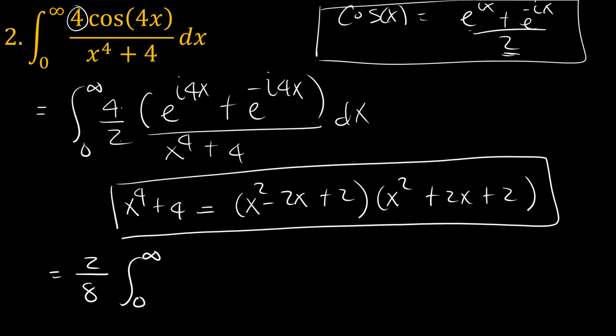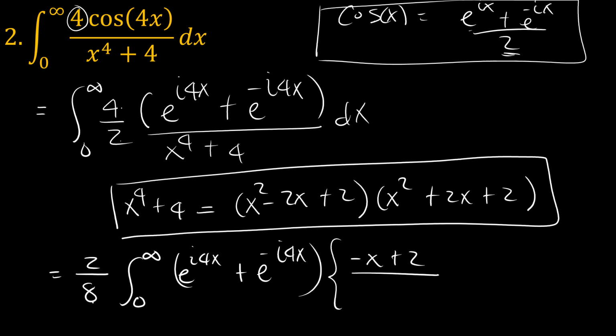So we can have e to the 4x, plus 1 over 8 up there, x plus 2 over x squared minus 2x plus 2, plus x plus 2 over x squared plus 2x plus 2.